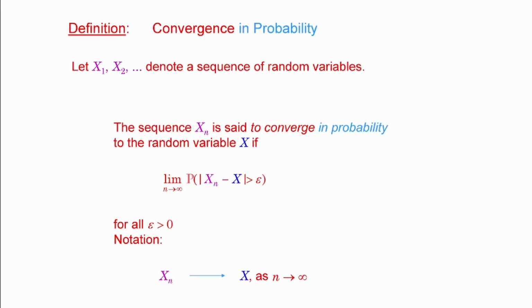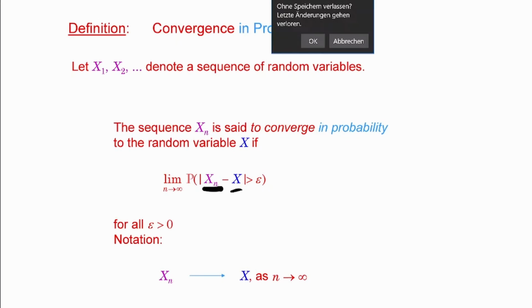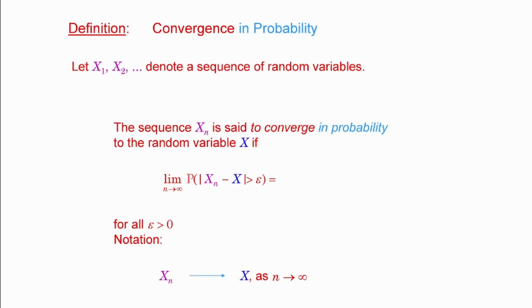And the probability that the distance of the member to the limit exceeds that is supposed to converge to 0, which means that it's less and less likely that a member has a distance greater than a specified value, which I call epsilon.